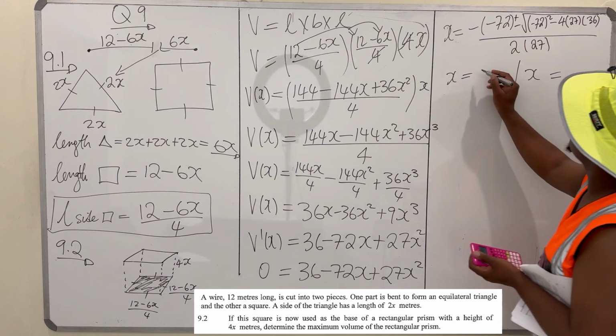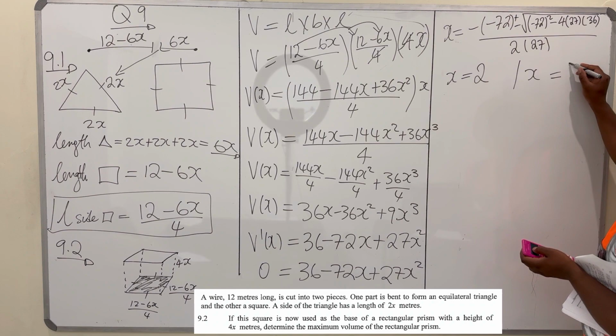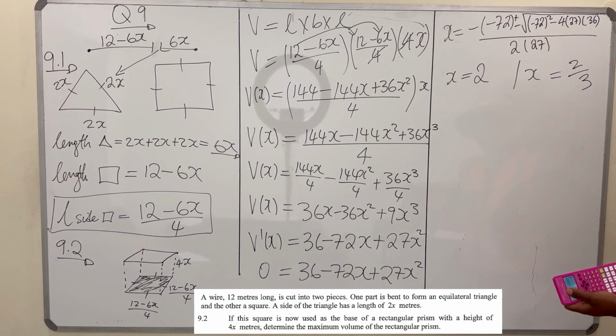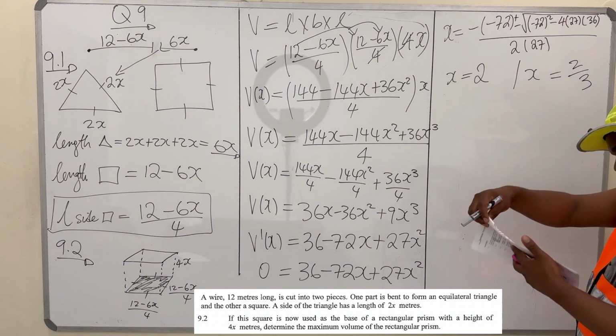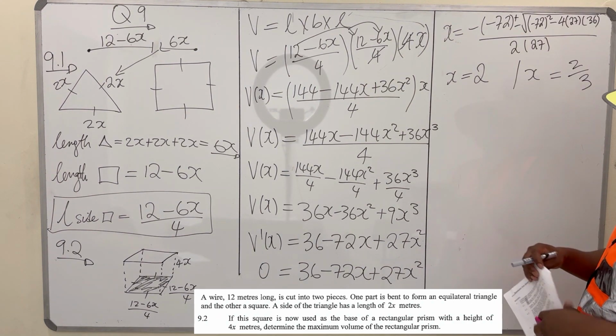So we get that x is equal to 2, or x is equal to 2 over 3. These are the values of x. You want them to give you the maximum volume, right? So you determine the maximum volume of the rectangular prism.